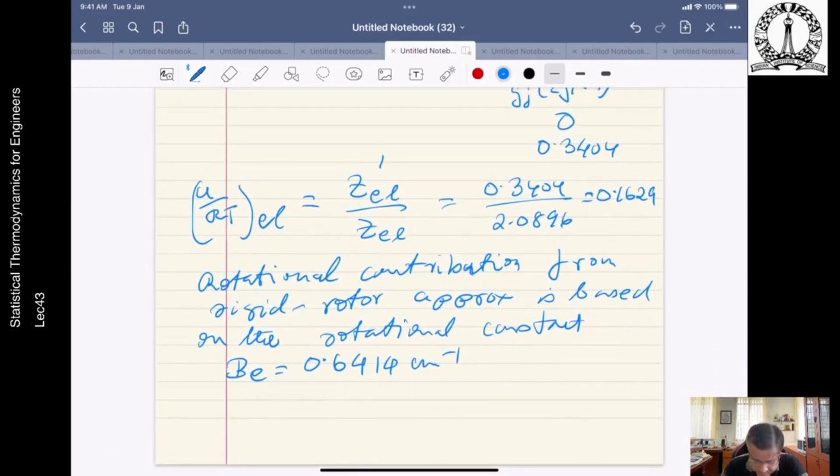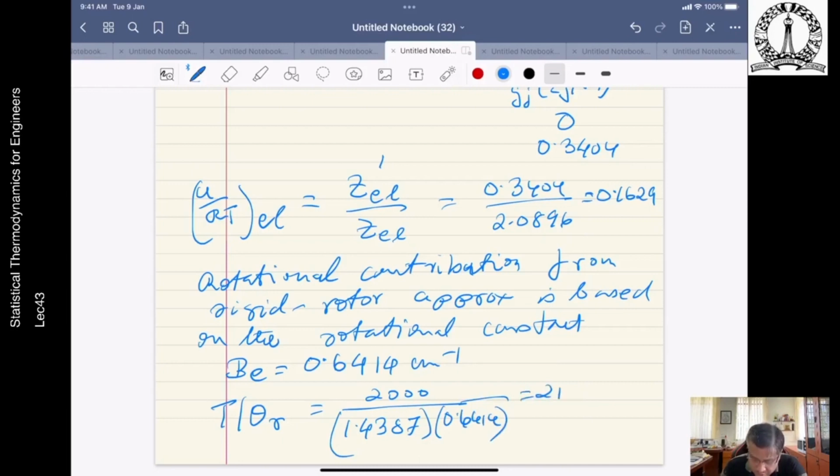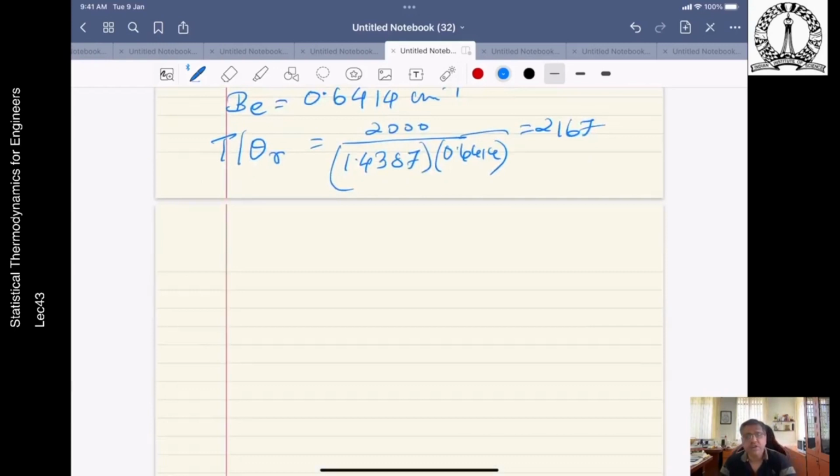As a result of that, T by theta R, remember this is 2000, 2000 is the temperature, divided by 14387 multiplied by 0.6414, which is given as 2167. Okay, so that is the corresponding value. So we find now that U by RT rotation is equal to 1.